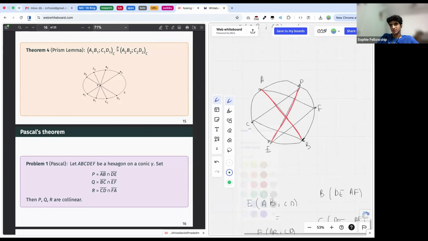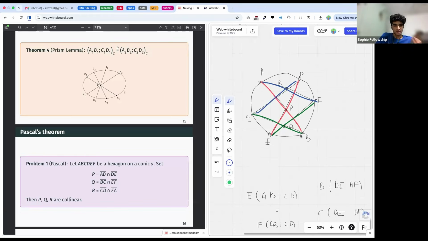If you have BC, then the opposite side is EF. And similarly, for AF, you have CD. Now, if these are defined as P, Q, and R, you want to show that P, Q, R are collinear if A, B, C, D, E, F lie on a conic.